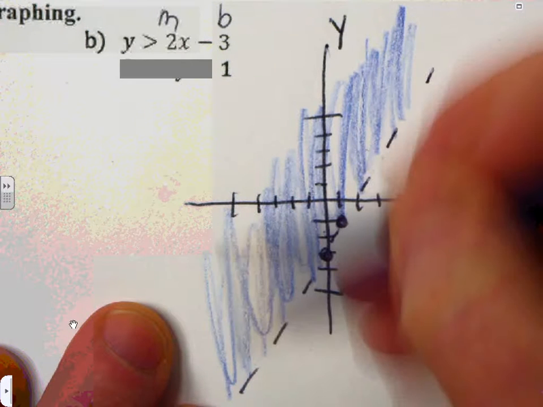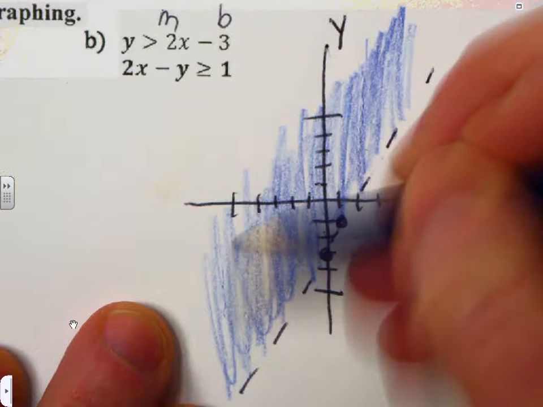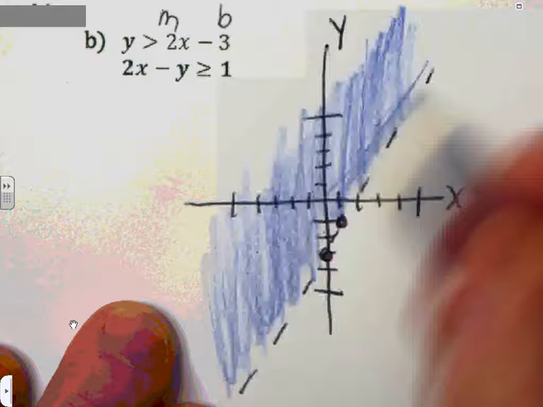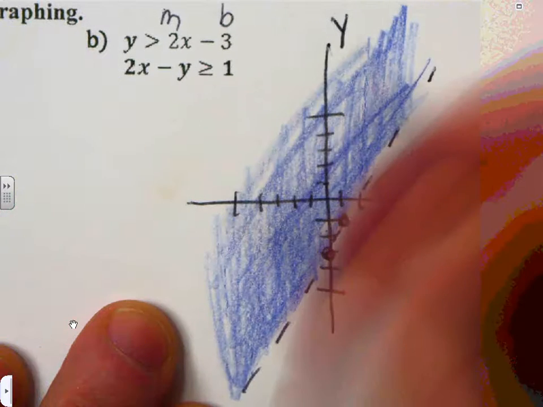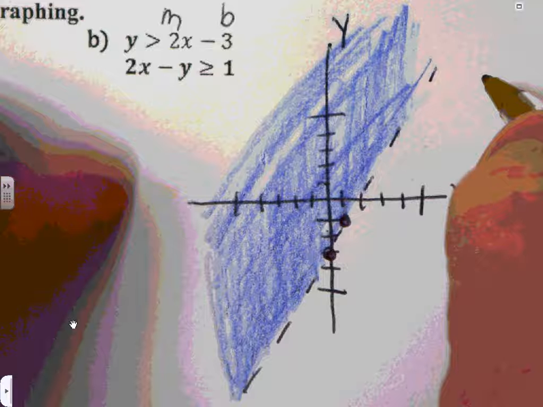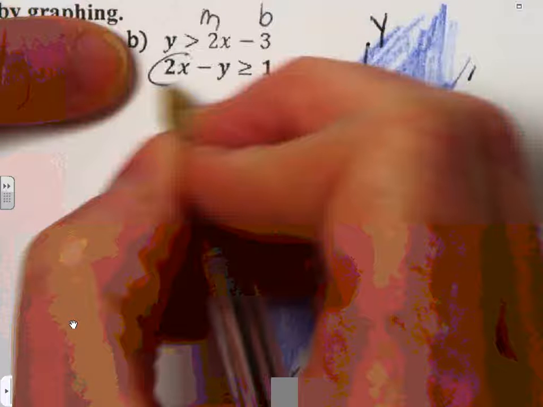Fantastic. All right, that second one. It's not in y equals form, so I have to rearrange it. I need to subtract 2x from both sides.